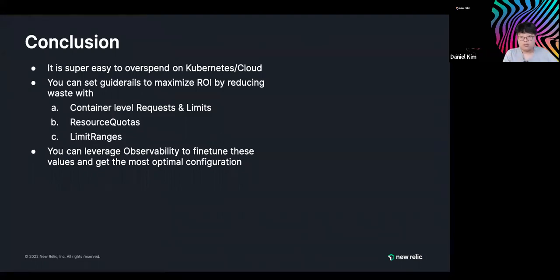But you can set up guide rails to maximize the return on investment on your cloud spend by reducing waste, by setting container level requests and limits, resource quotas, and limit ranges. And finally, you can leverage observability and New Relic to fine-tune these values to get the most optimal configuration that balances performance and reliability with cost.